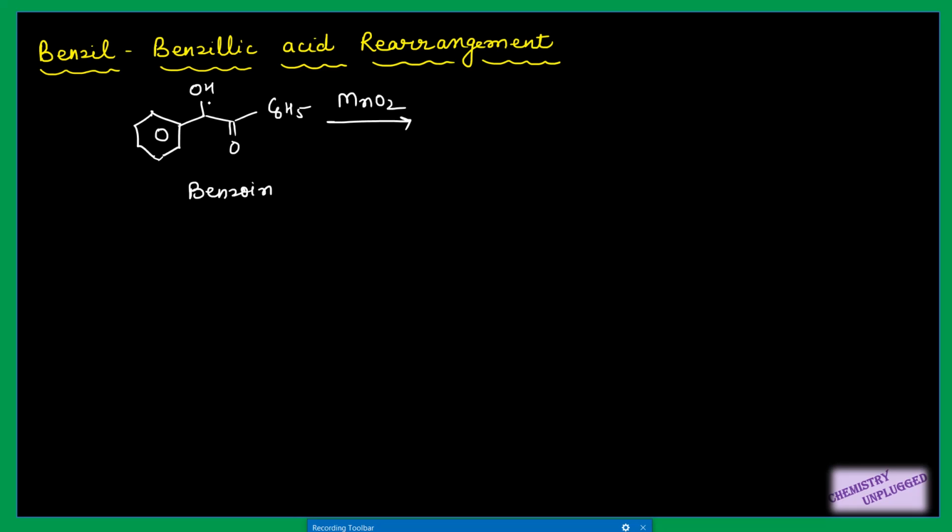It is at the benzylic position, so this MnO2 can cause its oxidation. Or we can use other oxidizing agents like K2Cr2O7 or silver carbonate. So the oxidizing agent can convert this OH into a carbonyl group. So I will get here benzil, it is called benzil.